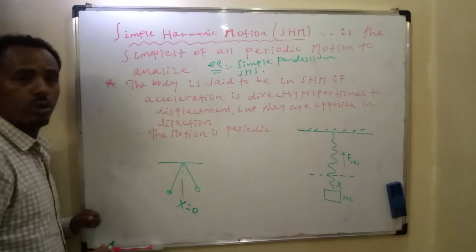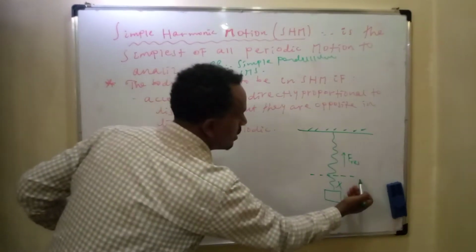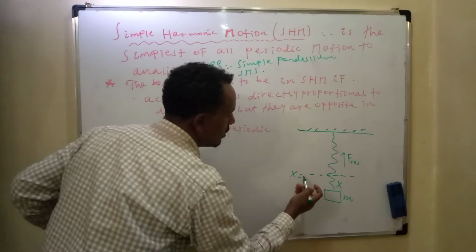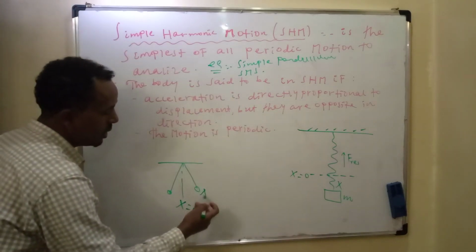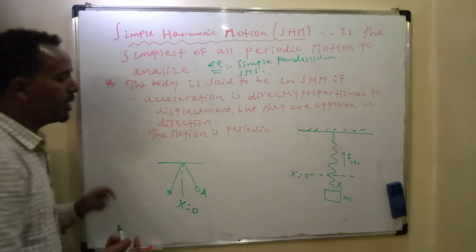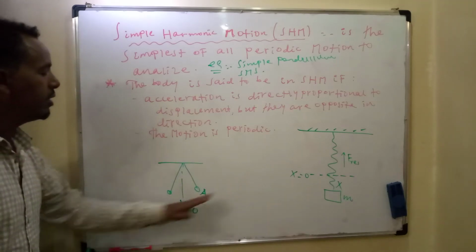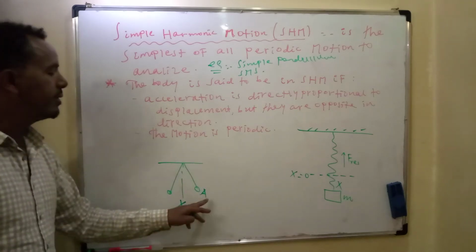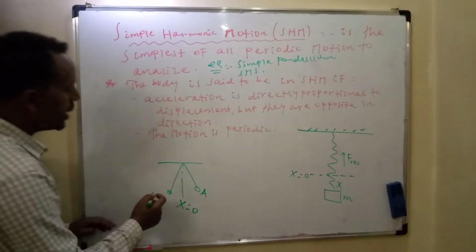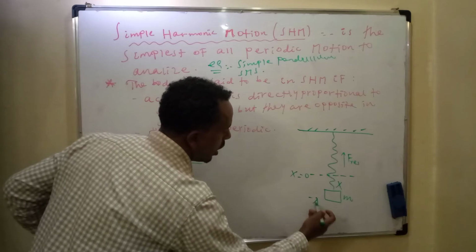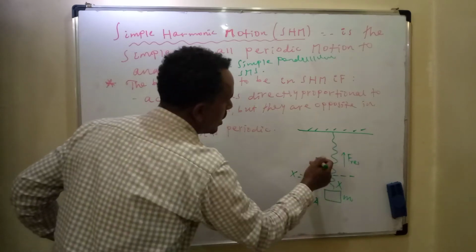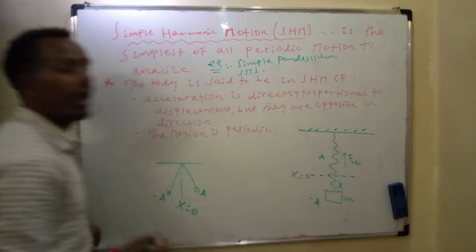For a spring mass system, this is the equilibrium position, which we say is 0. This is maximum displacement A. The maximum displacement reached by the oscillation is said to be amplitude. Here, let's say this is minus A. When the spring is compressed up, it may be here, A.